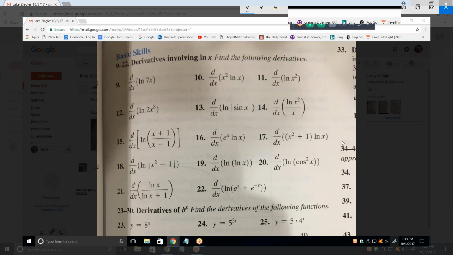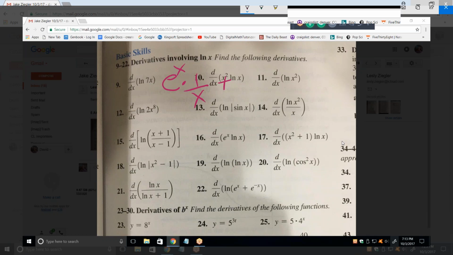Would it be e to the x, 1 over x, plus e to the x? E to the x what? Plus or times? Times. Then plus. What's the last part of it? The rest of the product rule?